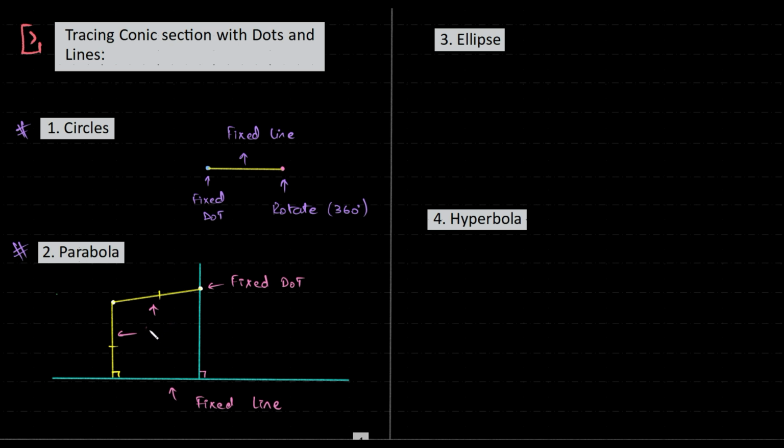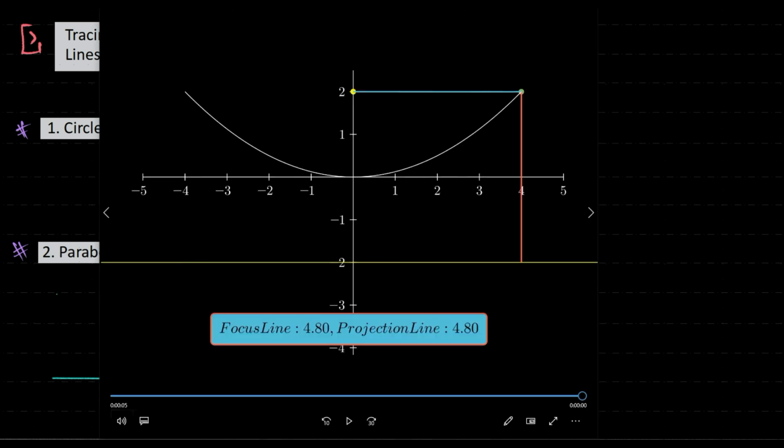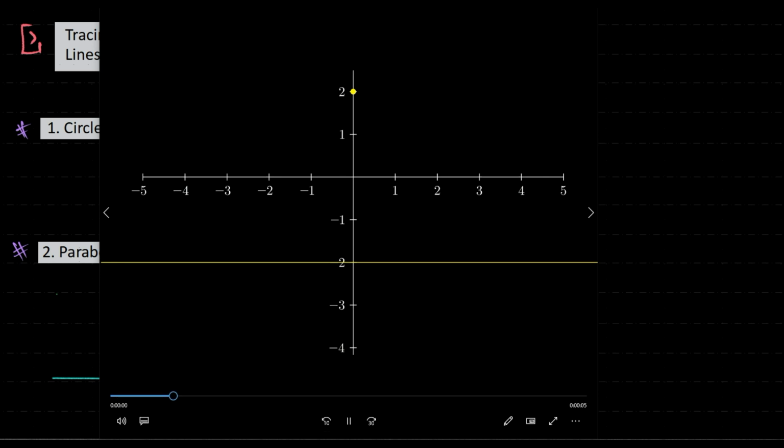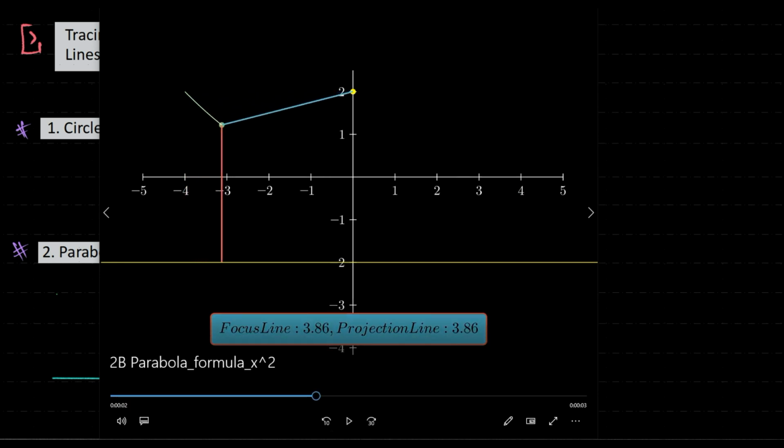Again, all of this is needed when you are deriving, so you should learn this. Lengths are equal. Again, watch this video. It will help you understand this better. So that's your first point and that's your line which I spoke of.